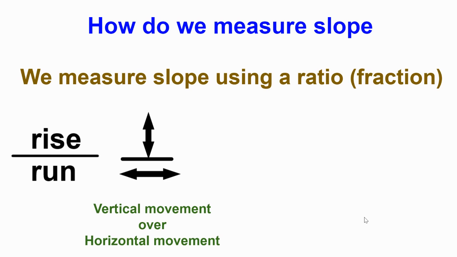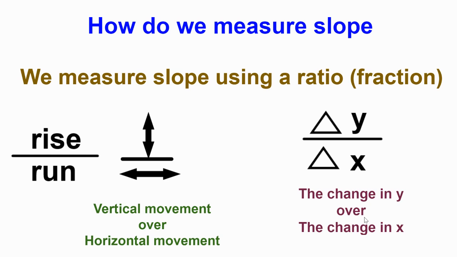The vertical is the y-axis and the horizontal is the x-axis. That's where we get the change in y over the change in x. So the top is the change in y, the vertical movement. The x is on the bottom. How much are you moving horizontally? That's the key to keep in mind.